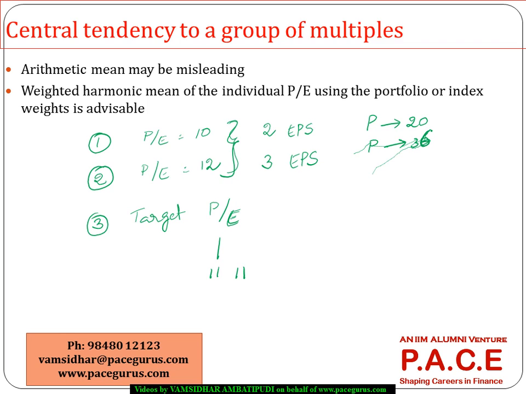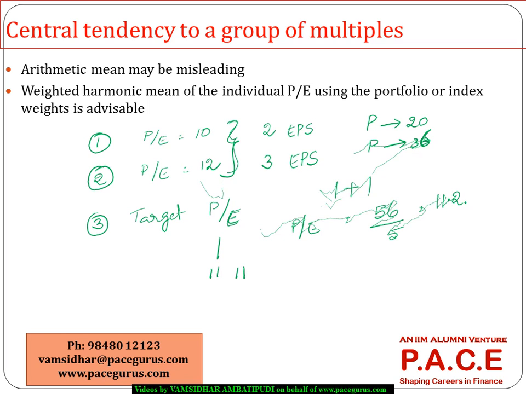If I am having a portfolio of, let's say, 1 plus 1, in reality what is my combined P/E? My combined P/E should be the total price, which is 56, divided by the total earnings, which is 5, giving me somewhere around 11.2.